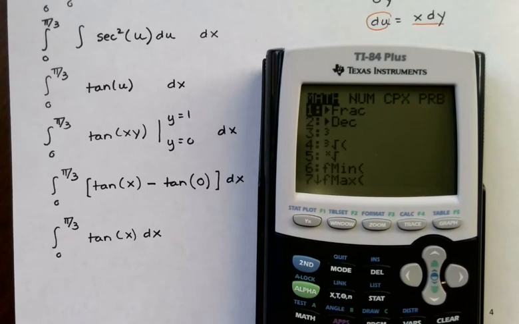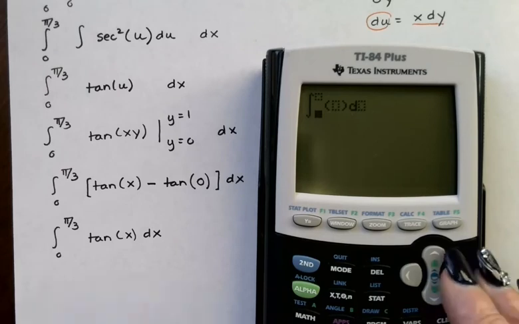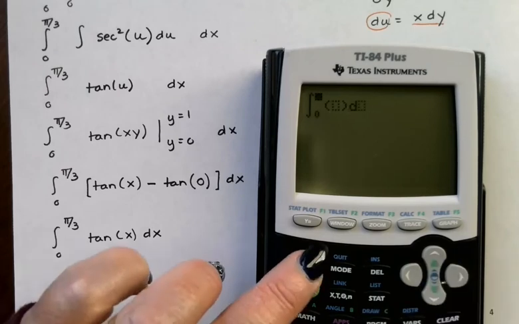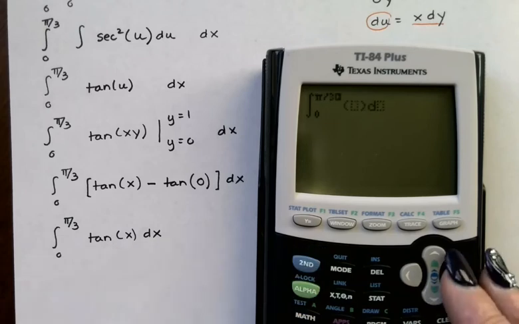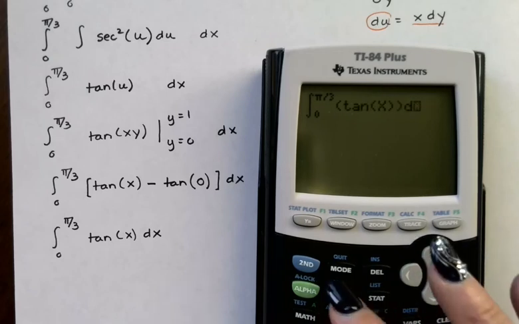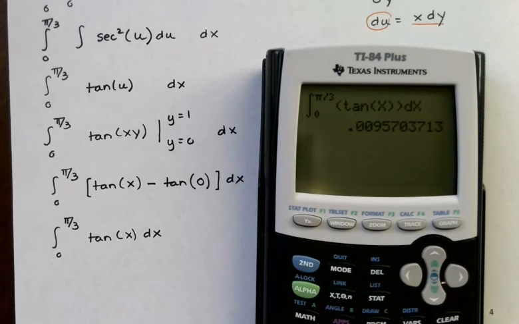If I simply go to Math 9, on my TI-84 at least, and I do my integral from 0 to pi thirds of the tangent of x dx. And I'm getting, oh dear, you know what?